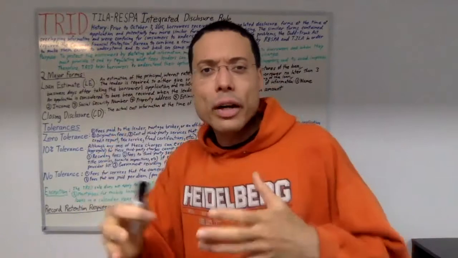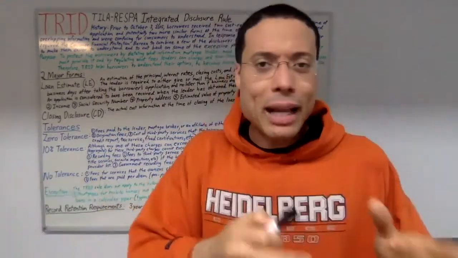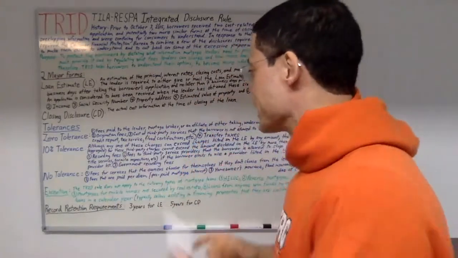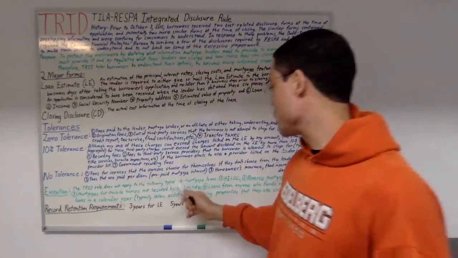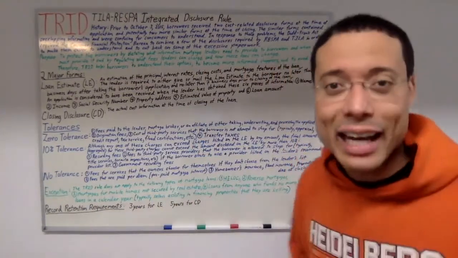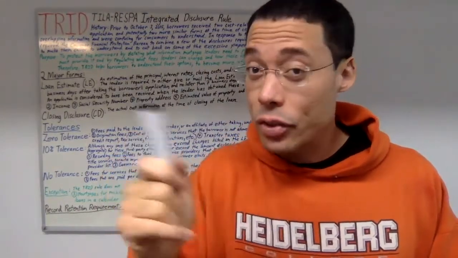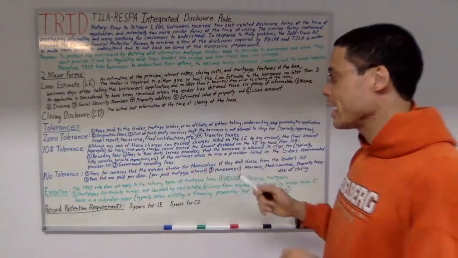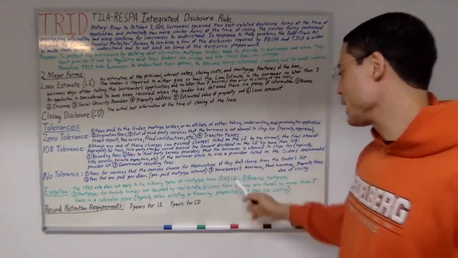What are the mortgage loans that TRID does not apply to? Well, the exception is this: the TRID rule does not apply to the following types of mortgage loans. Number one, HELOCs. What is a HELOC? Home equity line of credit. TRID does not apply to HELOCs.